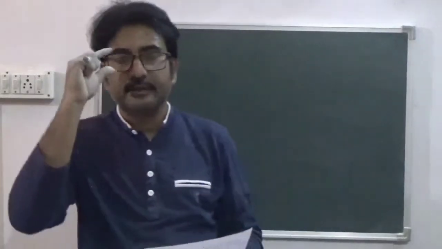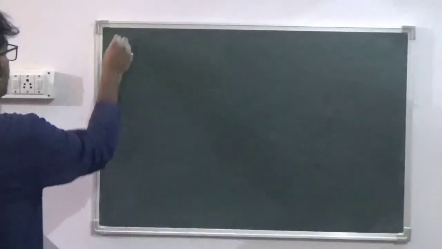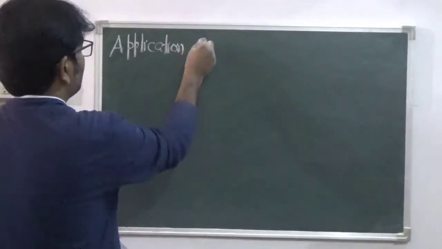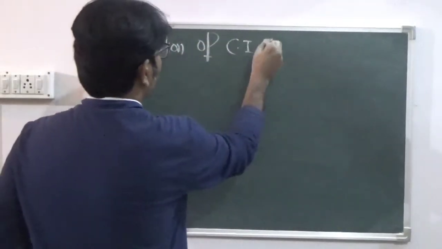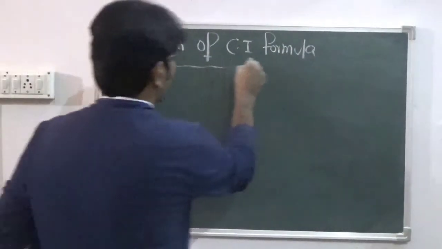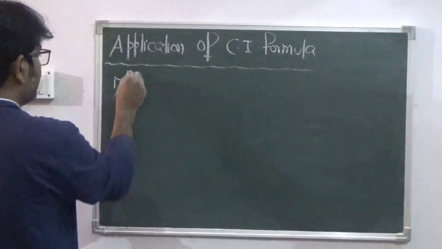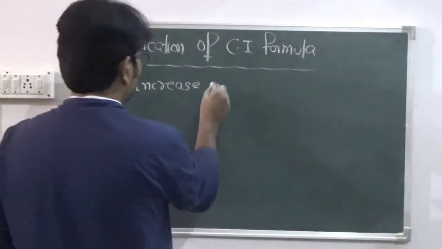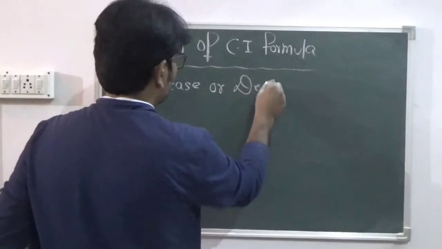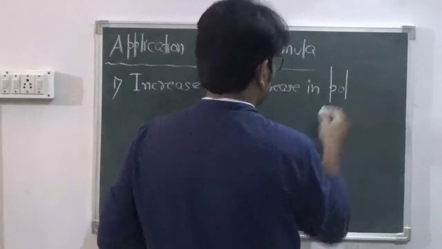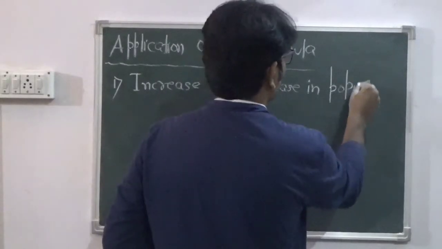So now we will discuss the application of the compound interest formula. You'll find its application in these types of situations: 1. Increase or decrease in population. 2.